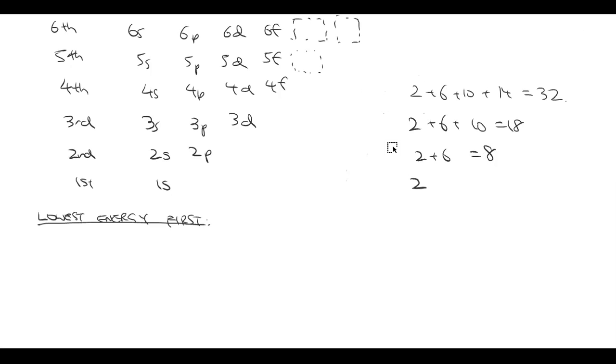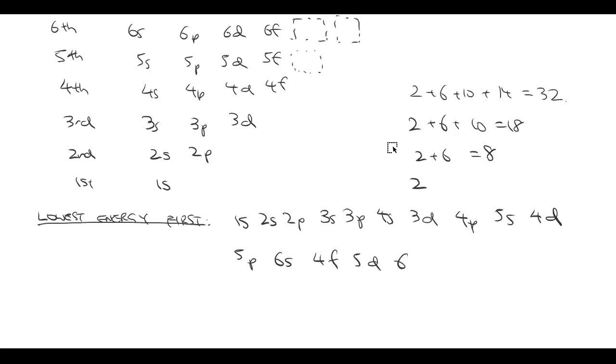So as a close approximation, without talking about the transition metals, that means you're going to have 1s followed by 2s, followed by 2p, followed by 3s, followed by 3p, followed by 4s, followed by 3d, followed by 4p, followed by 5s, followed by 4d, followed by 5p, 6s, okay, and then 4f, 5d, 6p, 7s, all right, and then 5f, 6d, 7p, 8s, and so on.